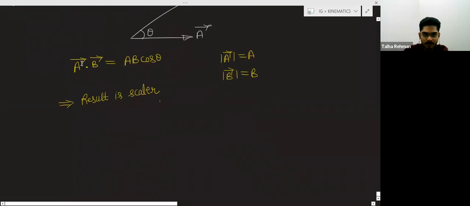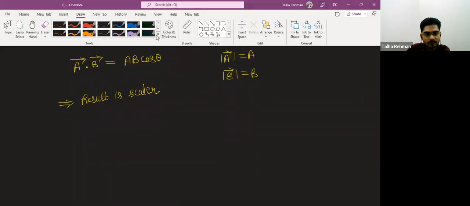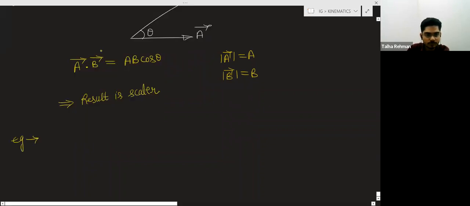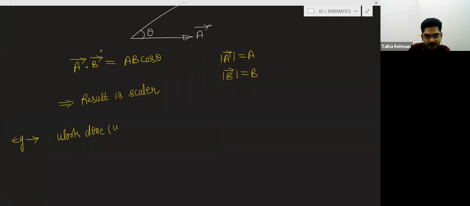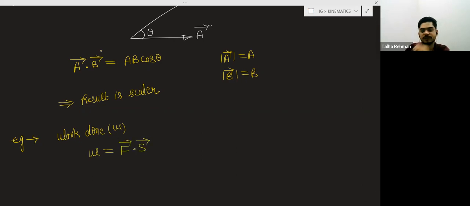For example, work done. Suppose I am representing work done with W. Basically, work is a scalar quantity. So work done is given by the dot product of force and the displacement vector.